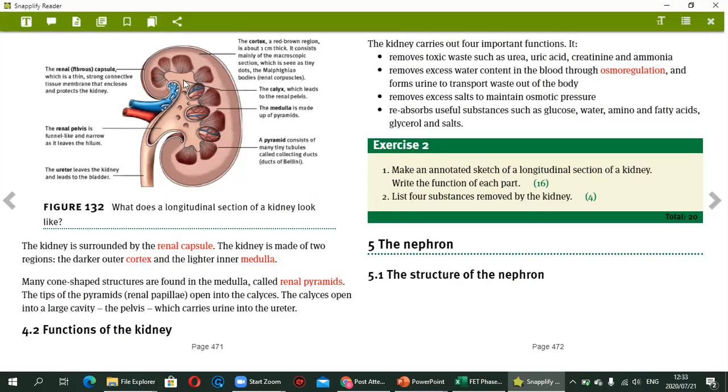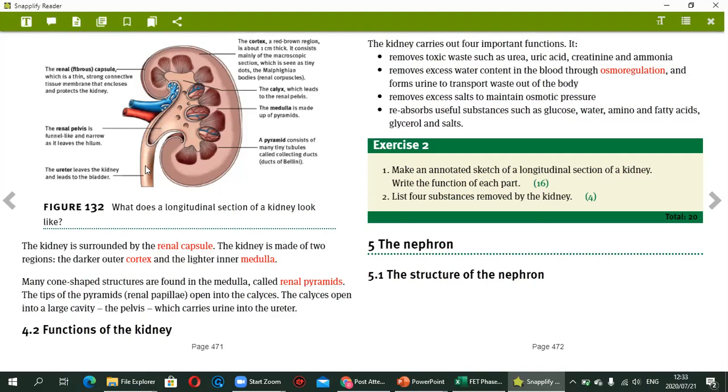And then inside over here, it is the calyx, which leads to the renal pelvis. So this is the calyx over here. It leads to the structure called the renal pelvis. It is funnel-like and narrow as it leaves the hilum. And where is it going when it leaves the hilum?